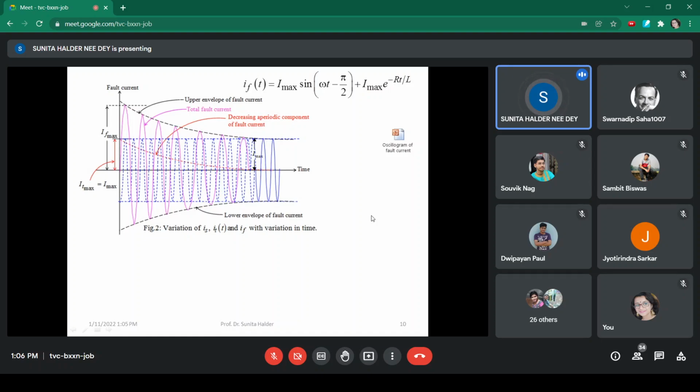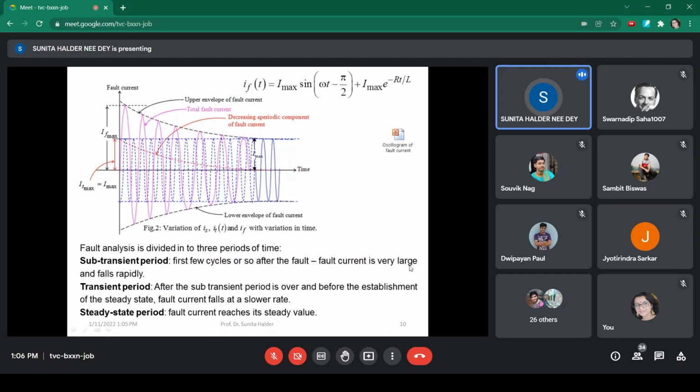Then we plotted the current variation for the worst scenario in the system. Depending on the variation and magnitude of the current, that means the severity of the fault, we can divide the total duration of the fault into three periods.